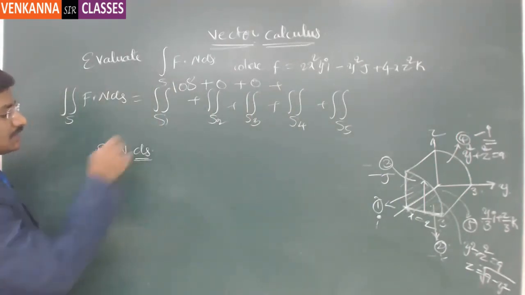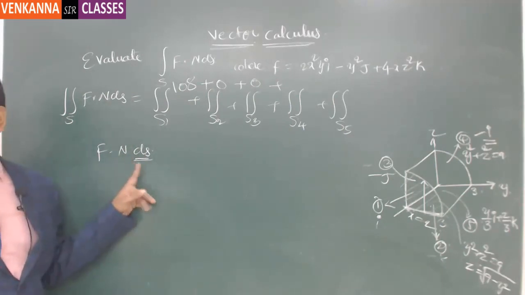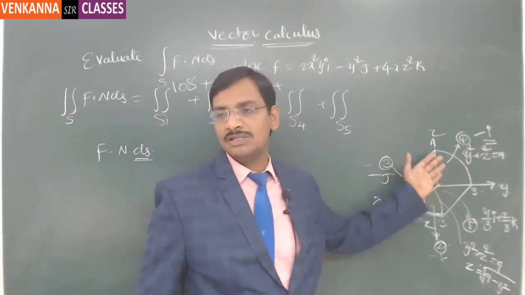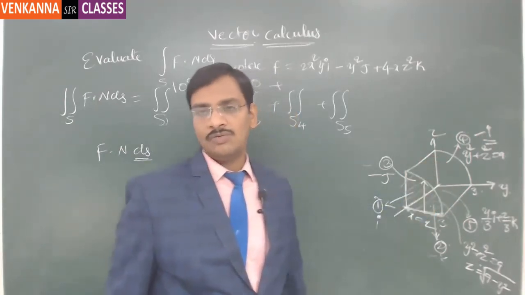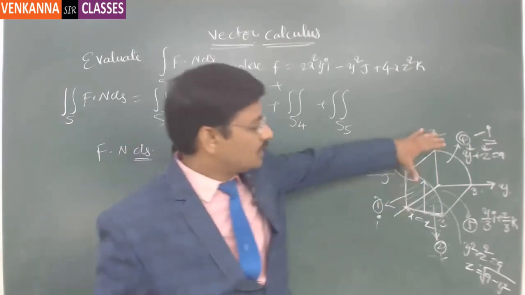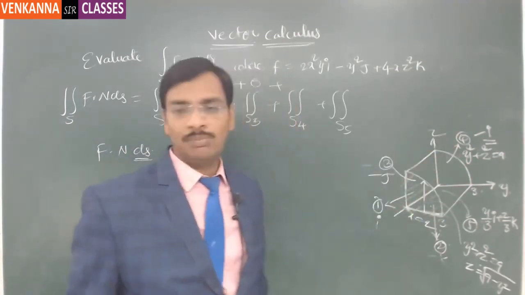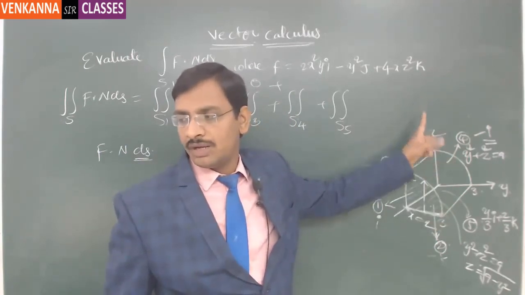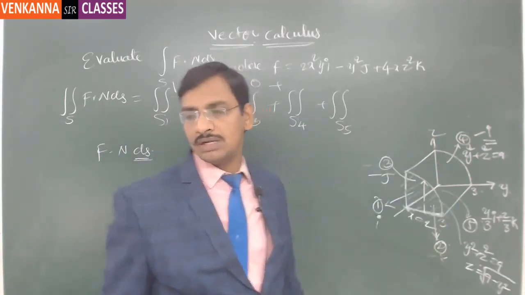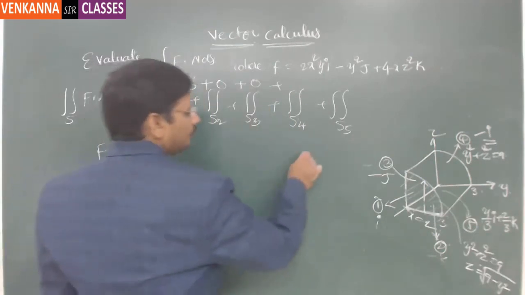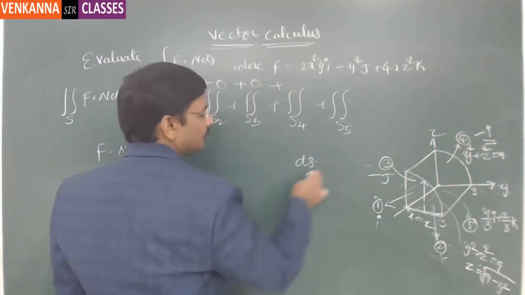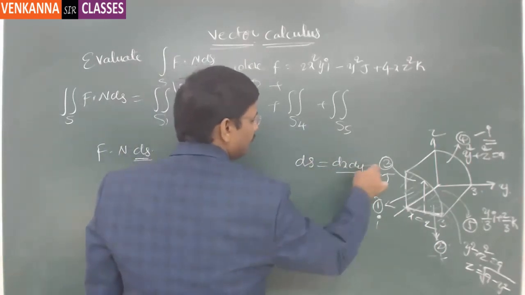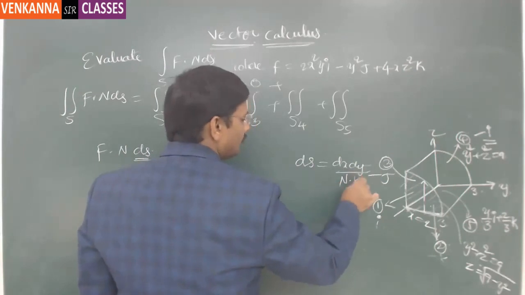Now this ds you have to identify. This is a curved surface, but we don't have a methodology to find the curved surface integral directly. For that, what you need to do is project this particular surface onto the xy plane, and the relation that you are going to get is ds is equal to dx dy divided by n dot k.